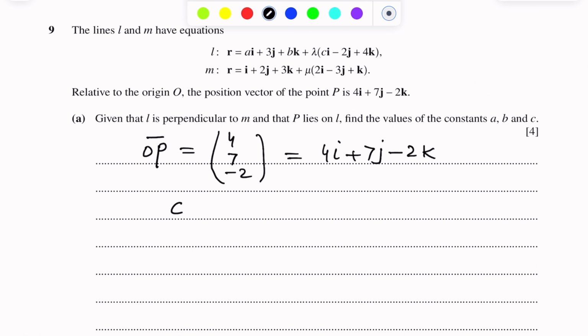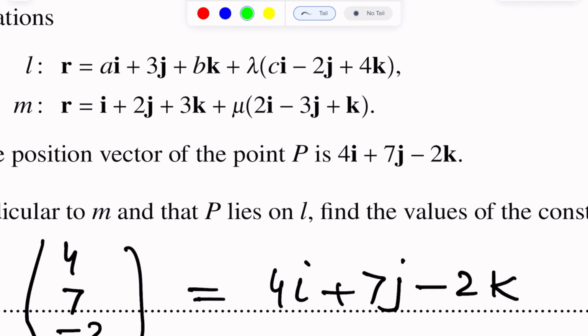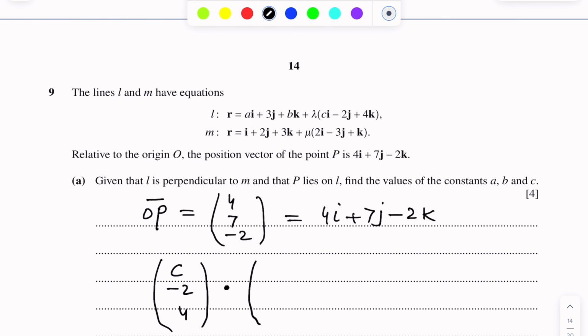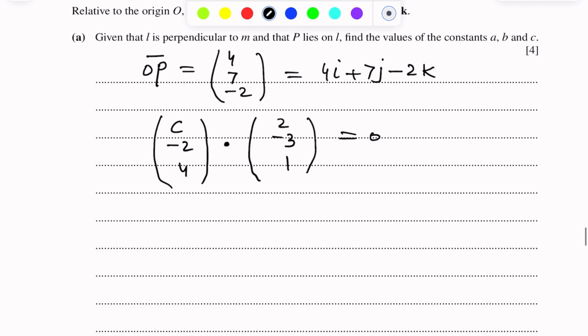(c, −2, 4) is the direction vector of line L. Dot product with the direction vector of line M, that is 2i − 3j + k, we write here (2, −3, 1). The dot product is 0, because the two lines L and M are perpendicular.